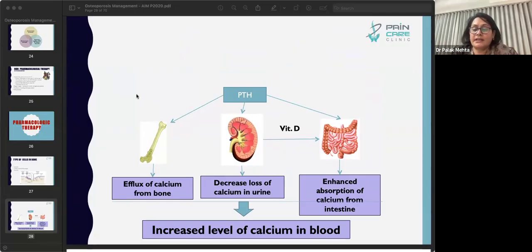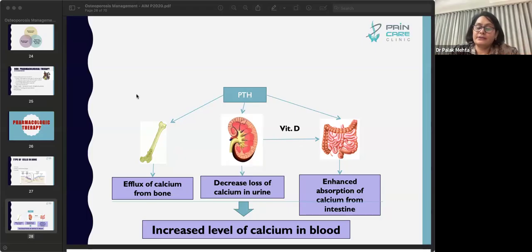So many a time, when we investigate the patient, the serum calcium level always comes out normal. Why? Because many other tissues need calcium for their performance apart from the bone.